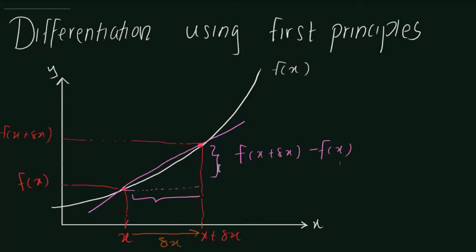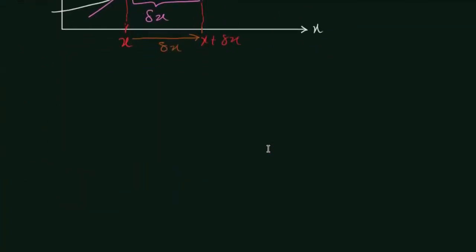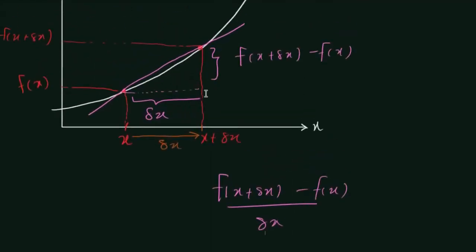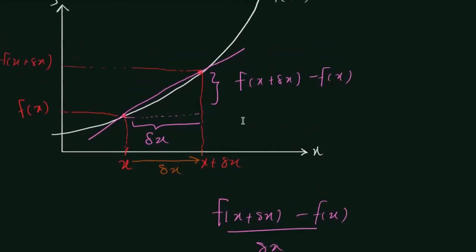So the gradient is (f(x plus delta x) minus f(x)) over delta x, this over this. That is how we write gradients, as in tan theta.